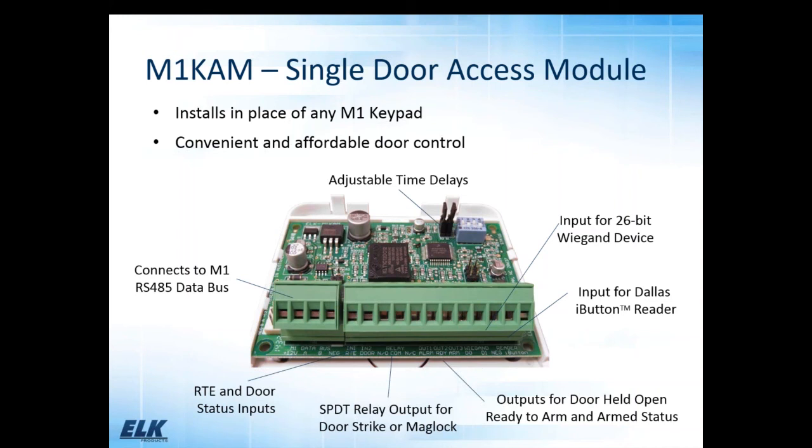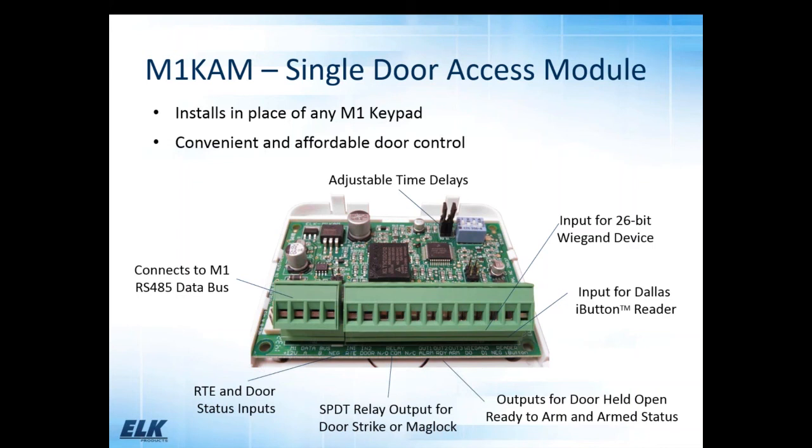The door input is a programmable zone off of the access module, and that's something important to note that I may have kind of skimmed over here. As far as your output on this device and outputs that are available on these keypads that we're talking about, that's assigned an output number based on the address of the device, and so you'll see a table in the instructions for either the keypads or this access module that would tell you if it's this address, then it's going to be this output number.